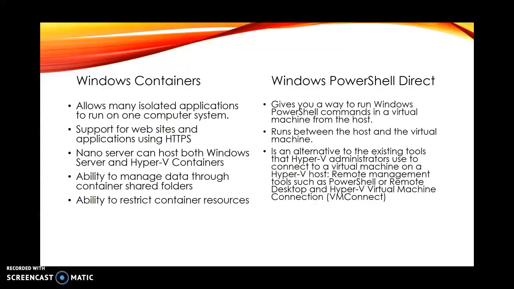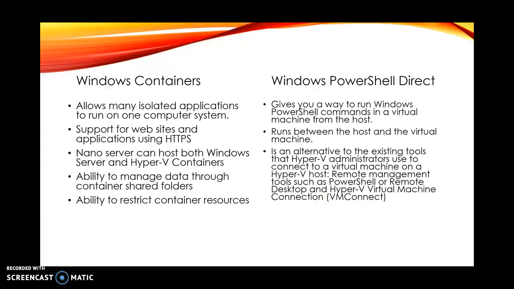The Windows PowerShell Direct feature gives users a way to run Windows PowerShell commands in a virtual machine from the host. Windows PowerShell Direct runs between the host and the virtual machine. This means it doesn't require networking or firewall requirements, and it works regardless of your remote management configuration.